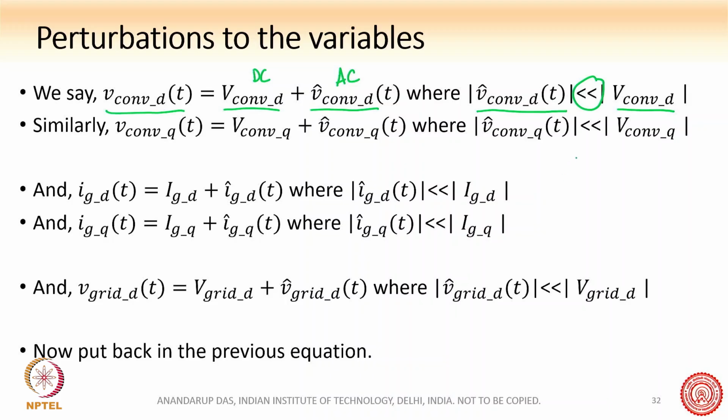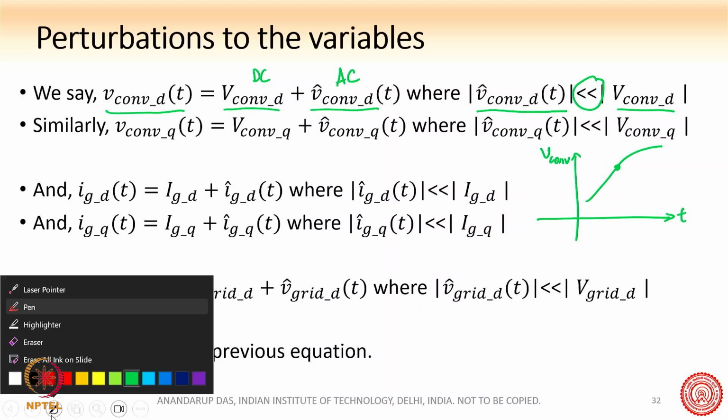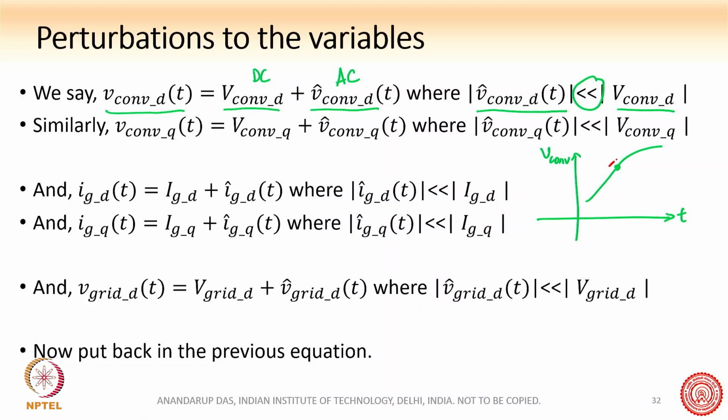So Vcon_d is varying with time. This is the steady operating point over which we give a small AC perturbation, and this is the AC perturbation here.